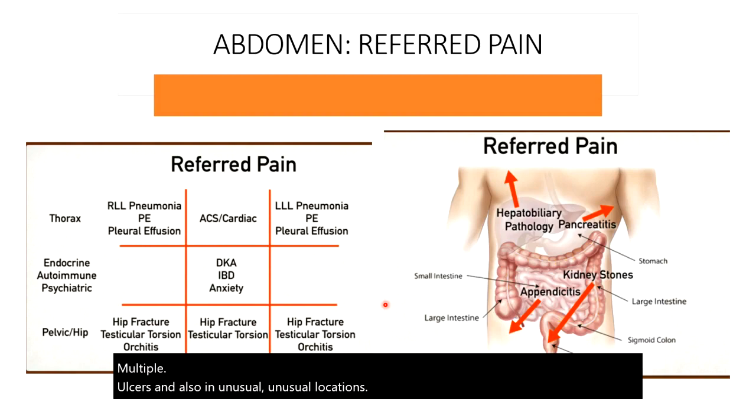When a patient has cholecystitis or cholelithiasis in the gallbladder, that pain will be referred to the right shoulder. When a patient has pancreatitis, the pain will be referred to the back or even to the left shoulder.